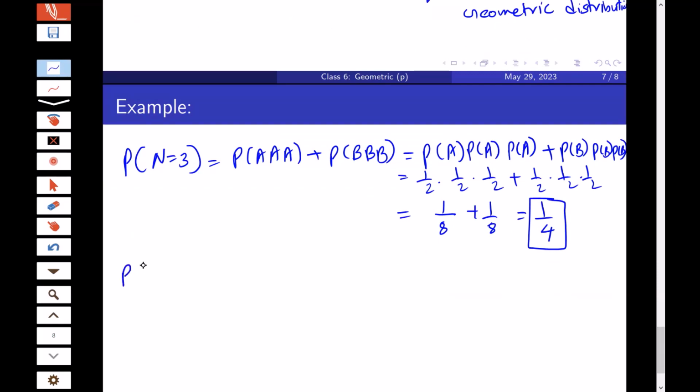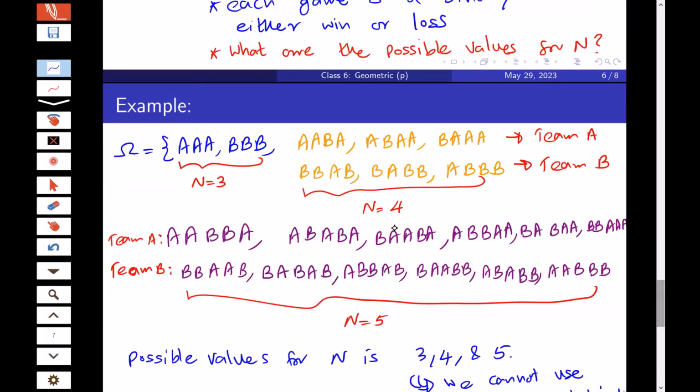Okay, so now let's see what is the probability of n equal 4. When n equal 4, we have these outcomes.